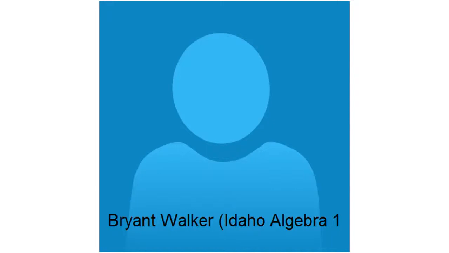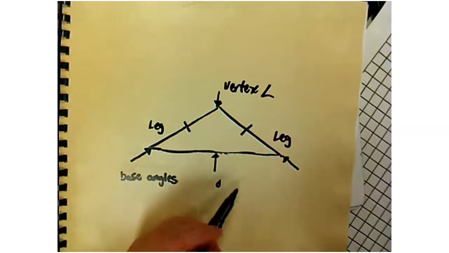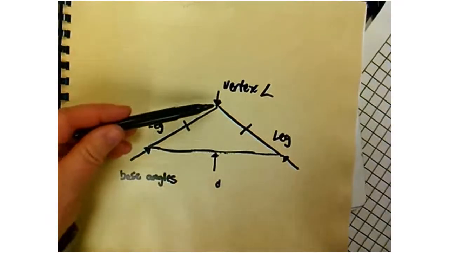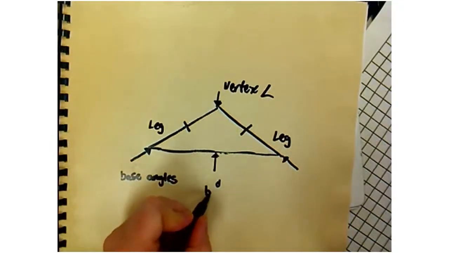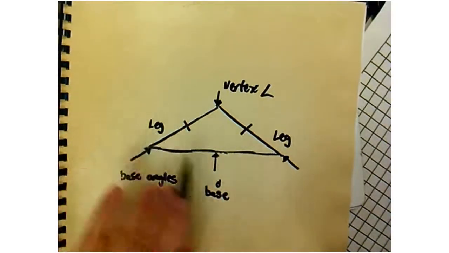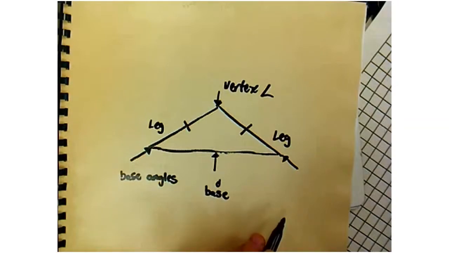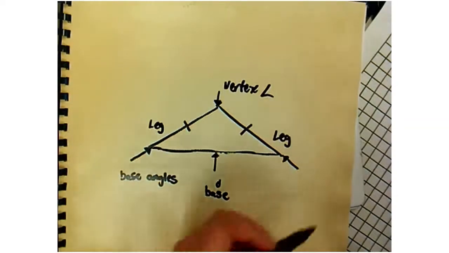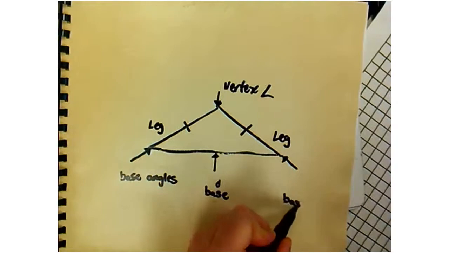If you turn back the page, the side opposite the vertex is called the base. So you have 2 legs and a base on an isosceles triangle, and 2 base angles.